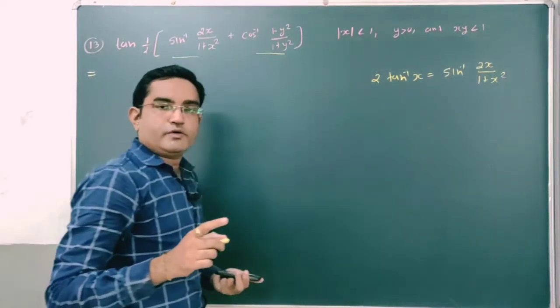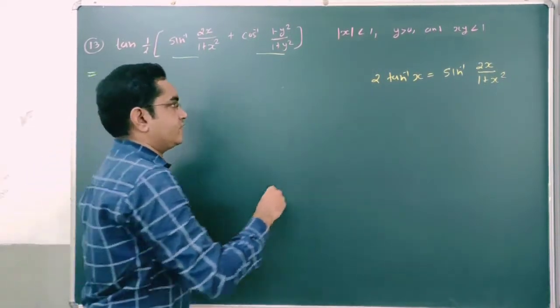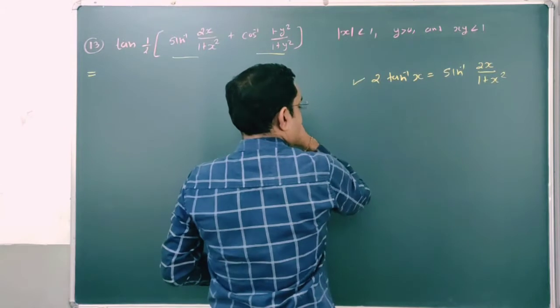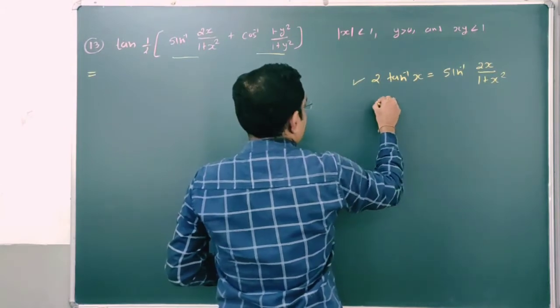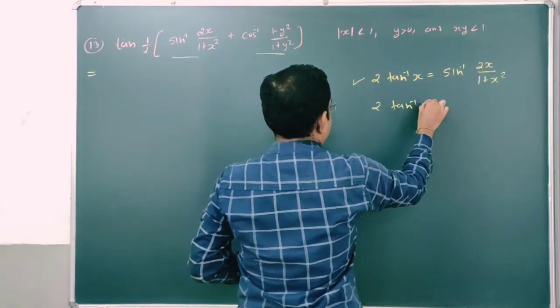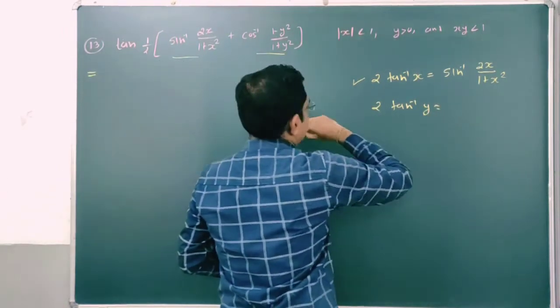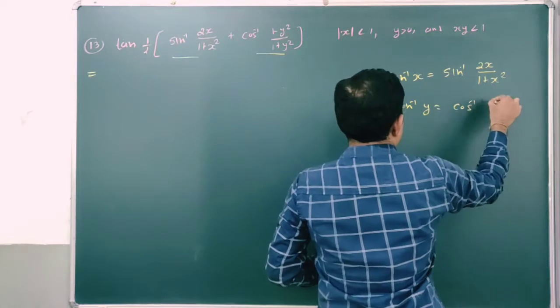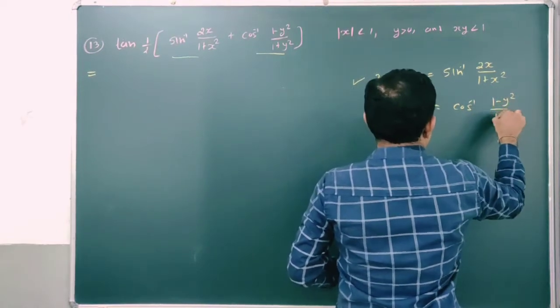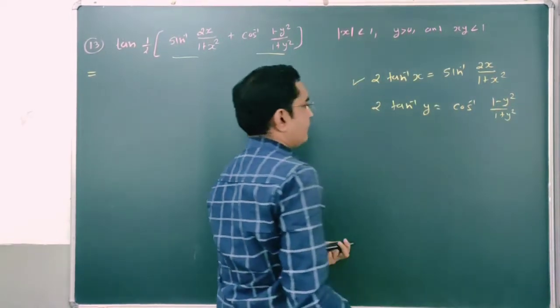That is the formula to convert 2 tan inverse x into sin inverse. And another formula to convert into cos inverse: since we have cos inverse in terms of y, 2 tan inverse y is nothing but cos inverse 1 minus y square upon 1 plus y square.